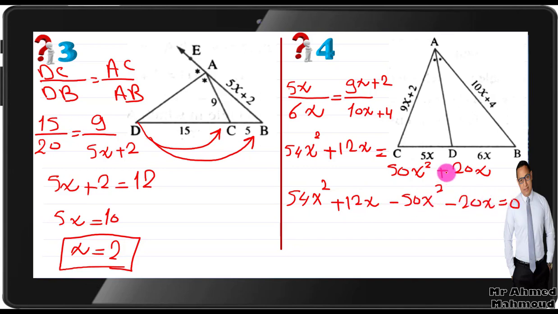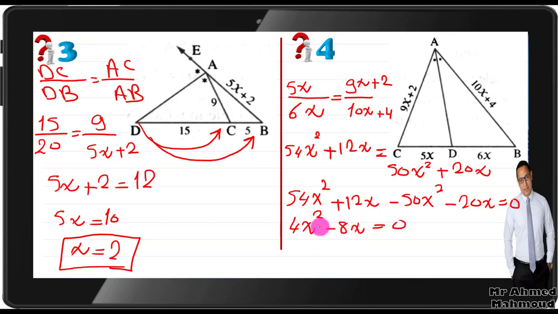I send the right side to the left side, so it will be 0. 54 minus 50 equals, excuse me, 4, and 12x minus 20x is negative 8x, equal to 0.